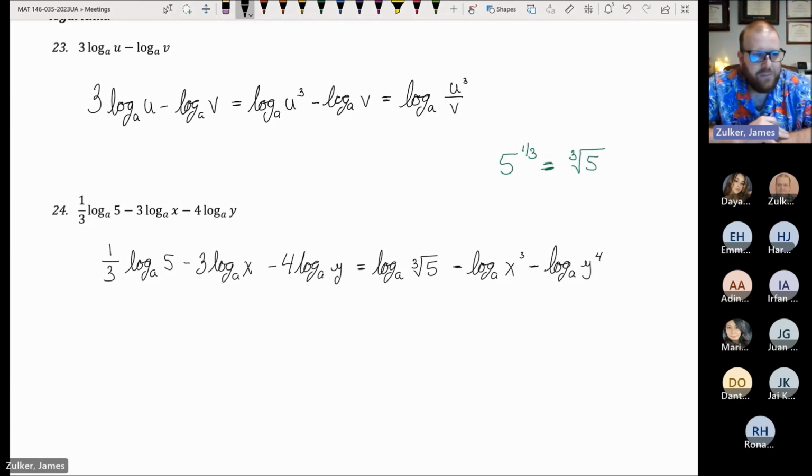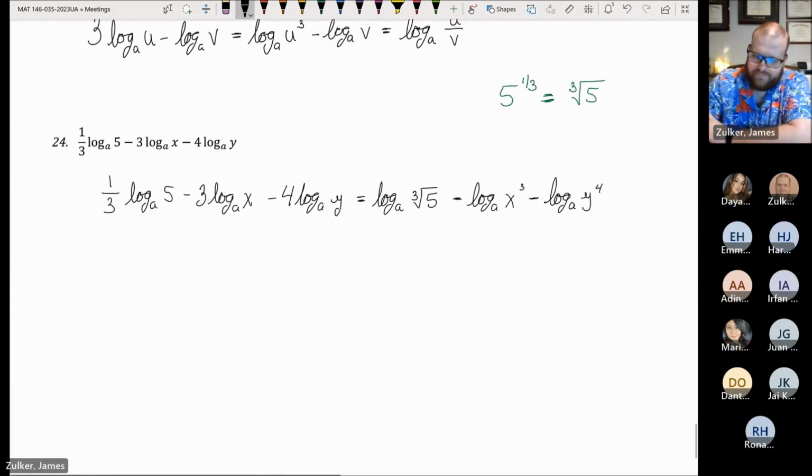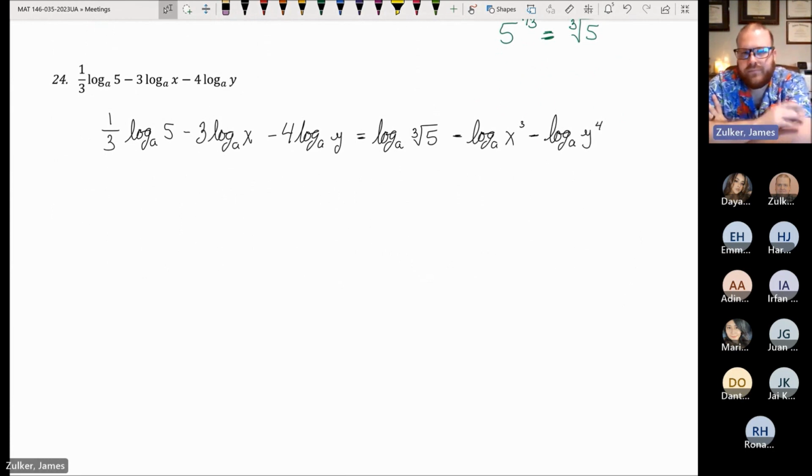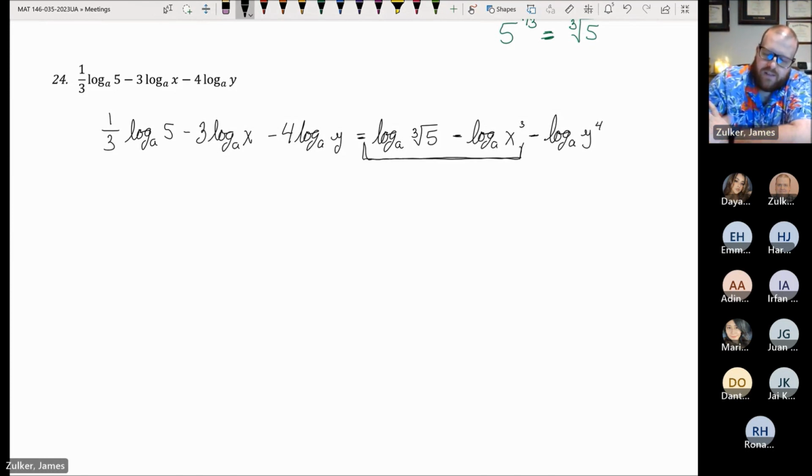Again, there are a couple ways we can proceed from here. Since what we now have is just sum and difference of logarithms, we could just work with this left to right. Right, so we could start by combining these two.